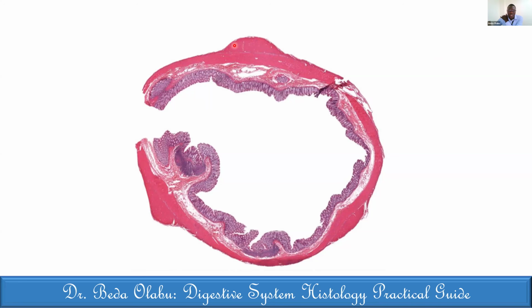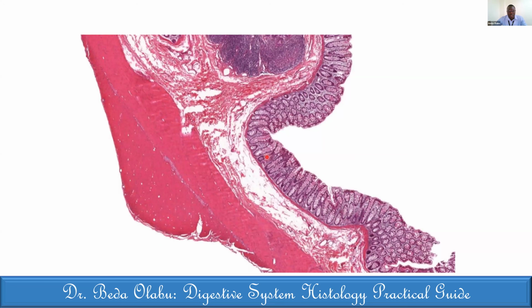Very good, very well. We can see here we have a thickening, another thickening there, and another thickening there. We can see tinea coli very well. So tinea coli are thickenings of the longitudinal muscle, and there are three. So this is muscularis externa, then this is submucosa, then this is mucosa.